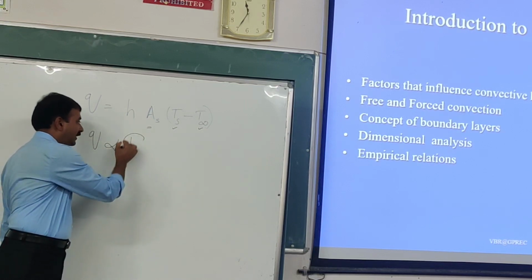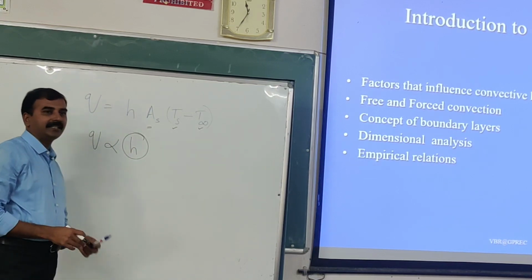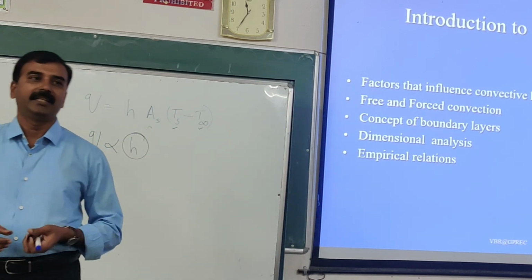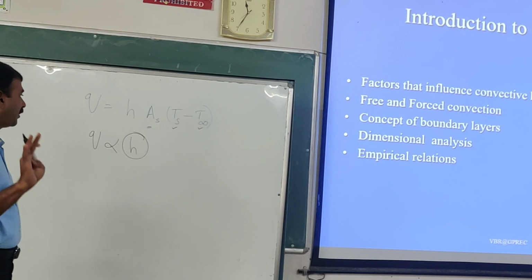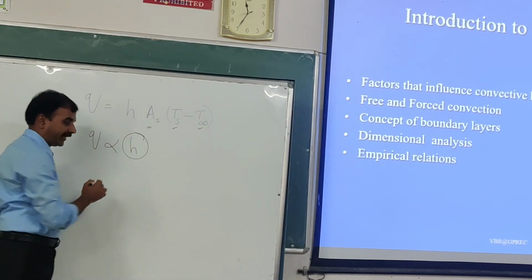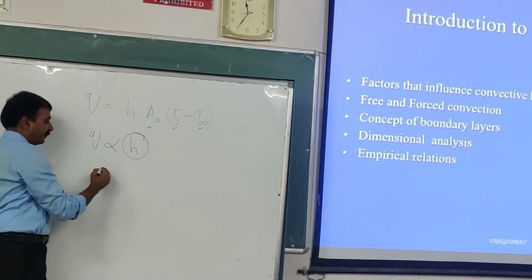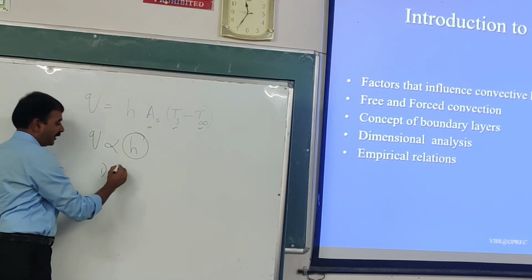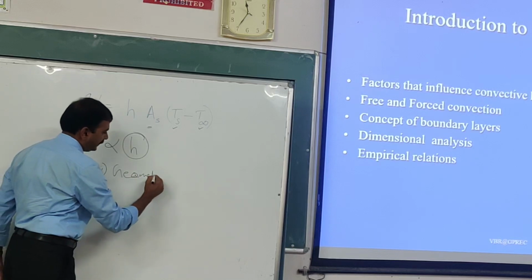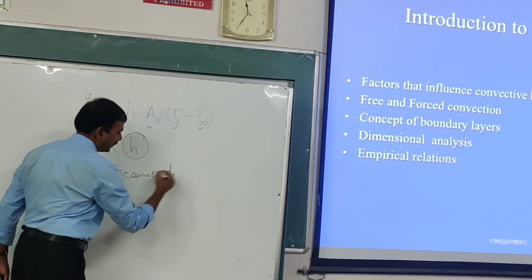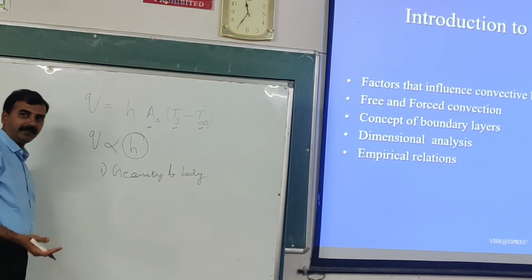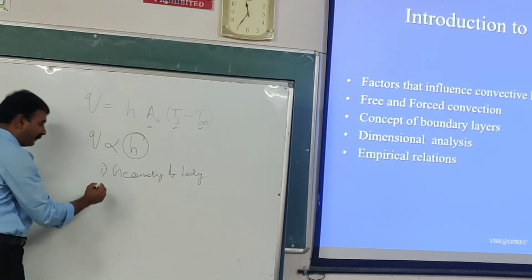Now, what are the factors or conditions or parameters that are going to actually influence this heat transfer coefficient? Broadly, they can be classified into three categories or three factors. Right? Number one, geometry or configuration of the body, which is exposed to surrounding fluid at different temperature.